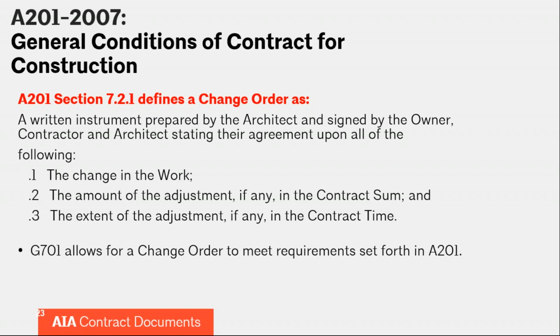Again, just like G702 and G703, there's nothing in our documents that says you have to use a G701 to issue a change order. Rather, 7.2.1 states the requirements for what you need to do to qualify as a change order under the agreement. But if you use the G701 and you fill out all the areas that are necessary to fill out in that document, then you'll have a change order that satisfies the requirements in the A201. So again, they're not required, but they do match the process set forth in the G701.